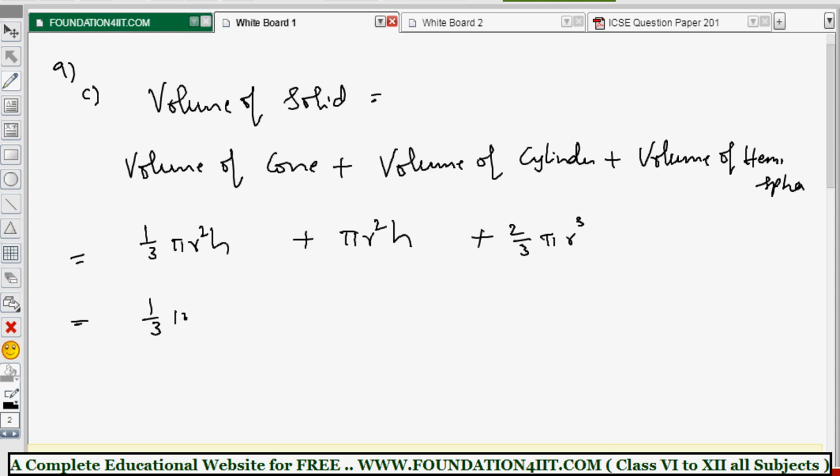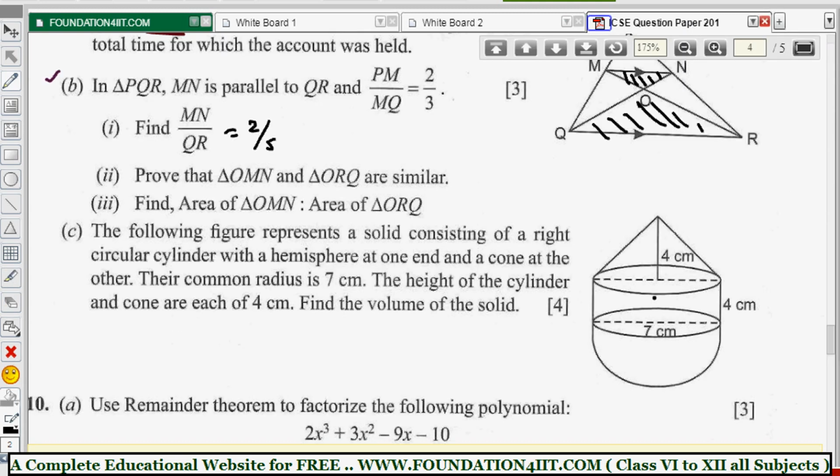So 1 by 3 pi, cone radius is 7, so 7 square, and height is 4. Okay, you can observe, radius is 7. Common radius is 7 centimeters, so 7 is the same throughout.